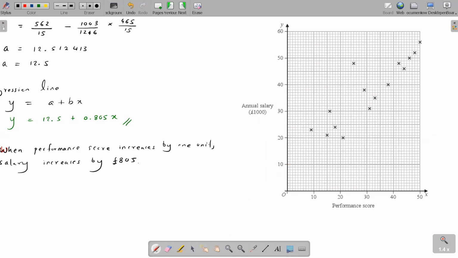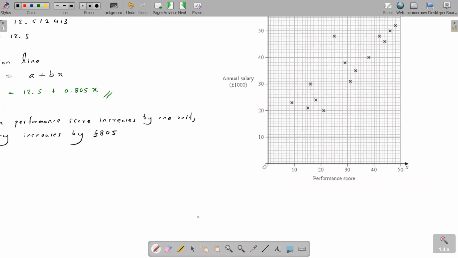Let's take the graph, part G. y equals 12.5 plus 0.805x. When x is 0, y is 12.5. That's the first coordinate. Agreed?